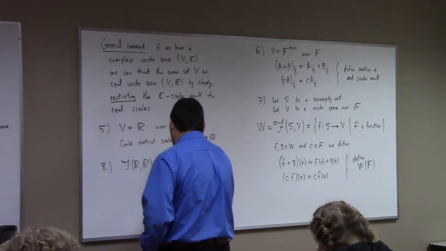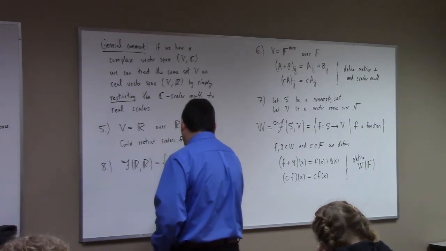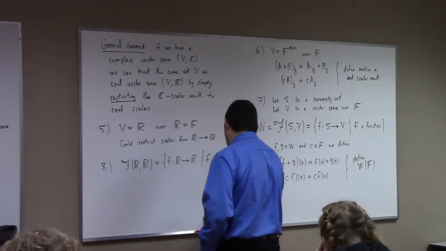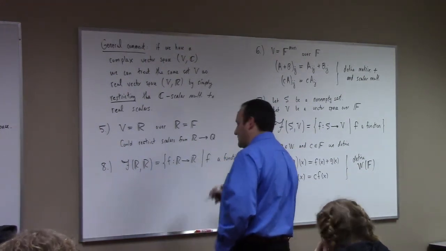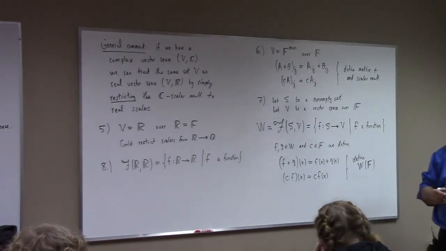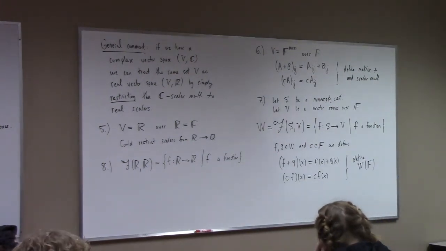So real valued functions of a real variable, right? That's a vector space. The sum of two real valued functions of a real variable is a real valued function of a real variable. Scalar multiple, again, same thing. So these are my main examples.